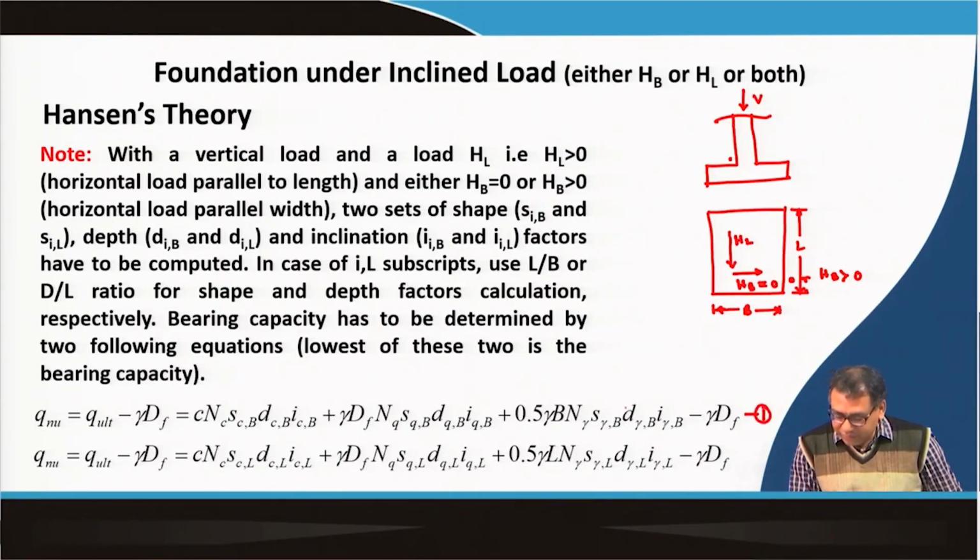So, we have to use only that: if H L is equal to 0, then only one set is sufficient. That means, if H L is equal to 0, then you calculate the shape factor, depth factor, inclination factor, and all these factors as usual, and that is sufficient.